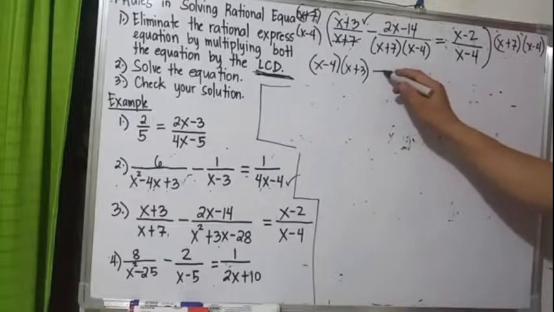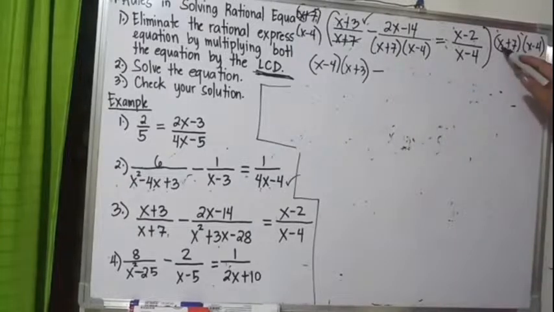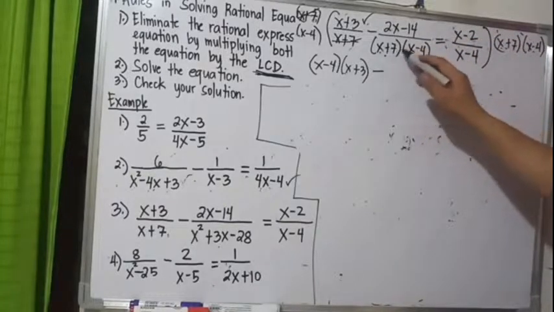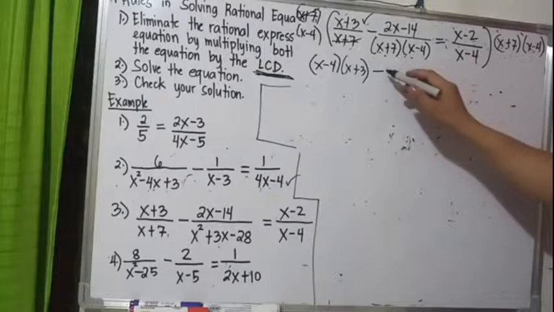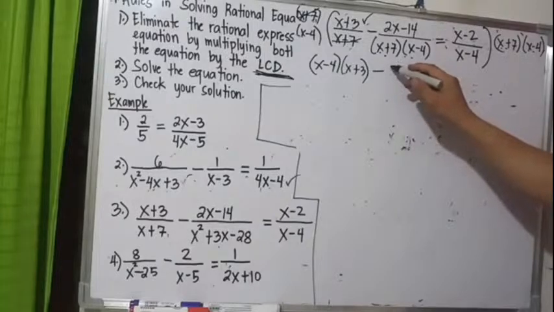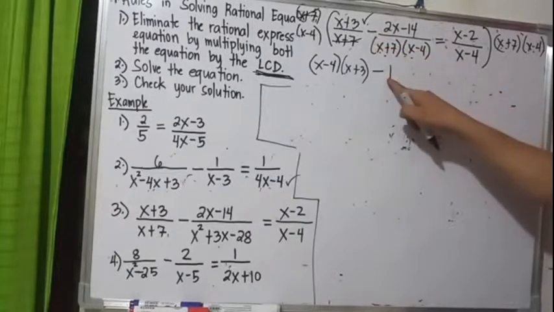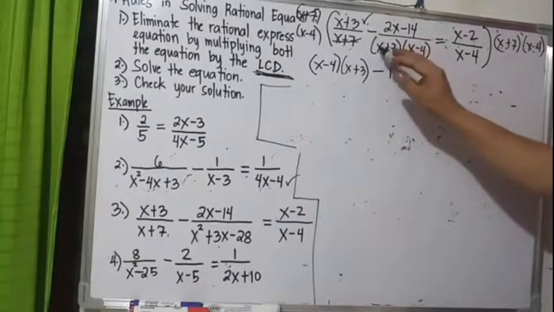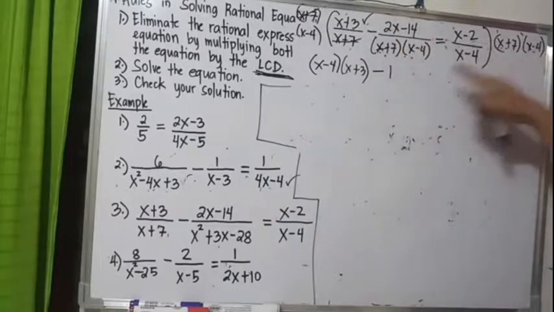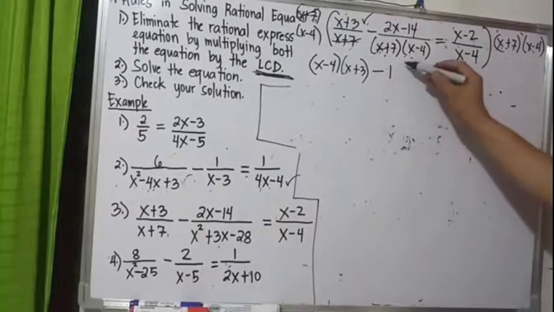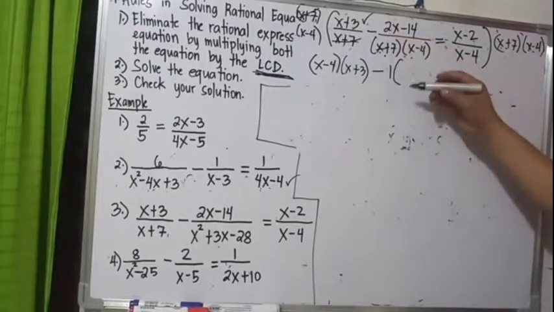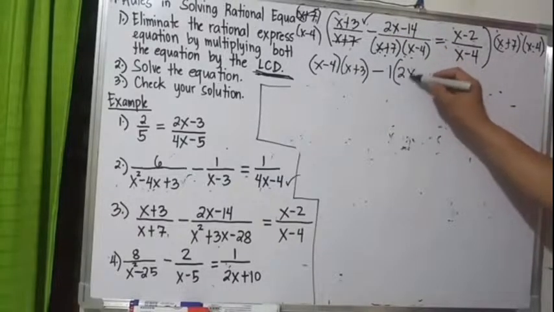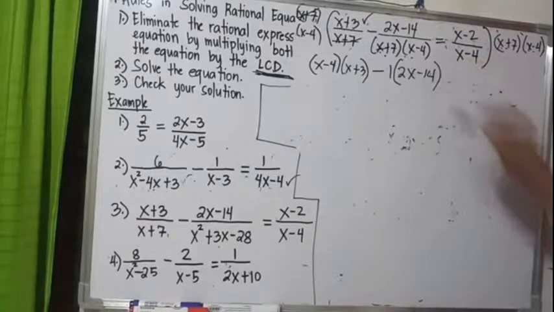Then, subtract this one. We divide x plus 7 times x minus 4 by x plus 7 times x minus 4, and the result is 1. So we subtract 1 times the numerator, that is 2x minus 14.